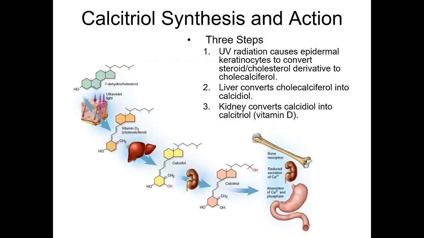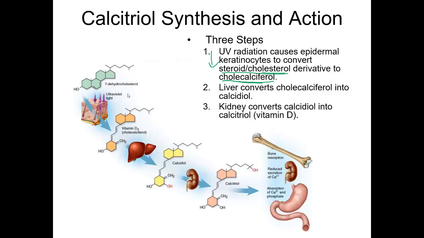Now, in the plasma membrane of the keratinocytes, you have cholesterol. As the UV radiation hits, the cholesterol is converted to something called cholecalciferol. So in the first step, UV radiation converts cholesterol to cholecalciferol.